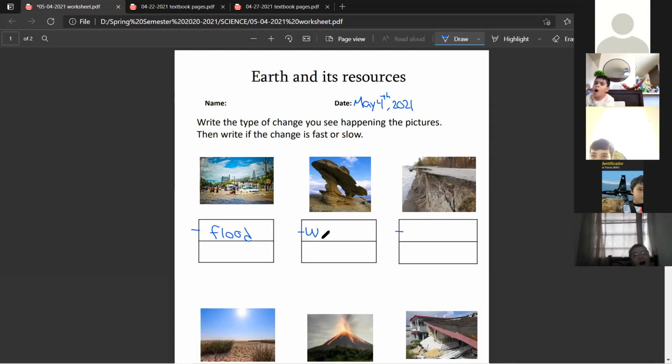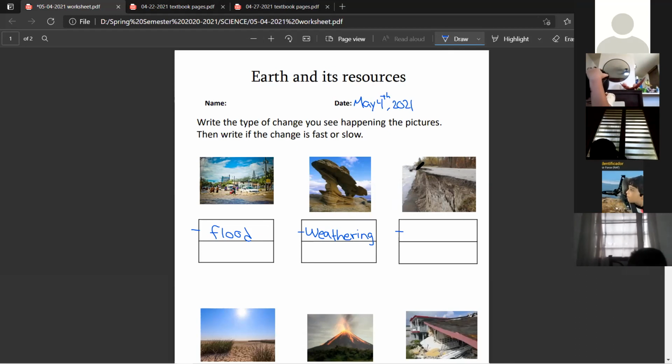It starts with the letter W. Weathering? Yeah. Volcano? No, not volcano. It's weathering. That's the change that is happening. It's weathering.